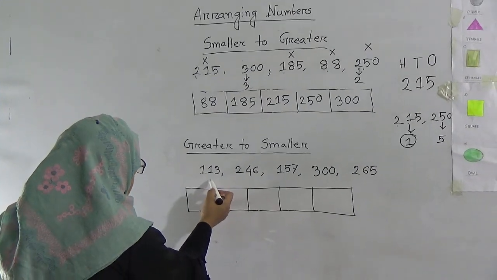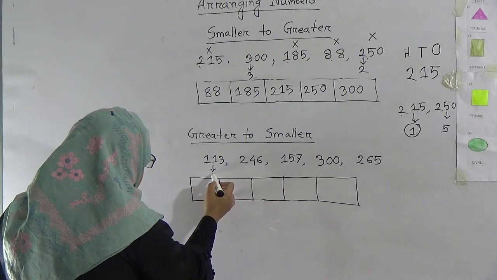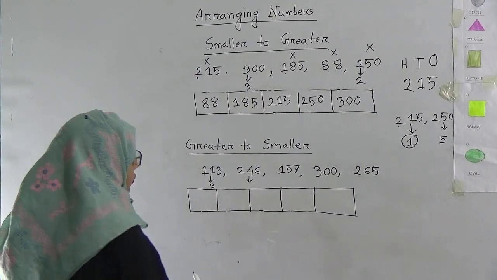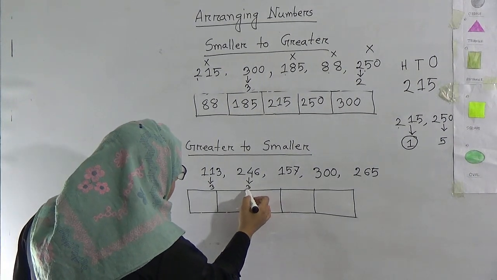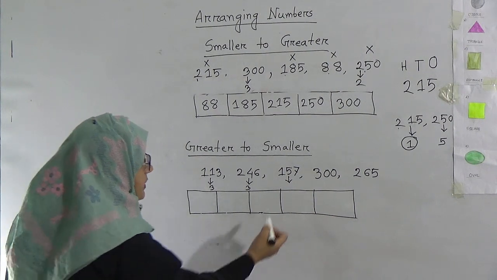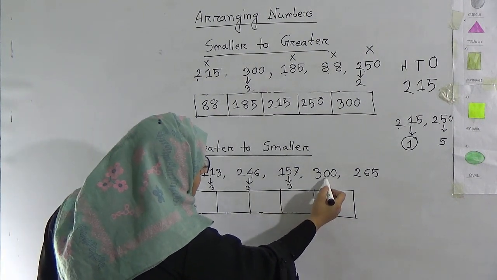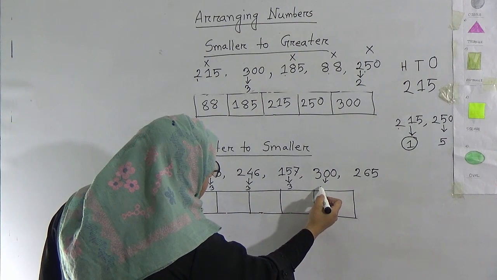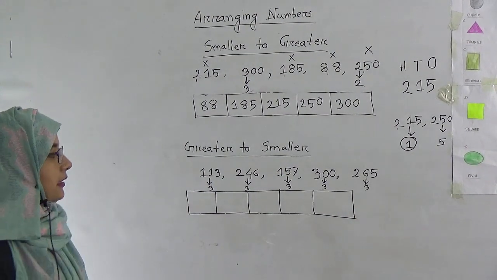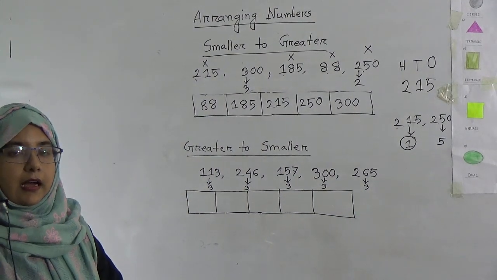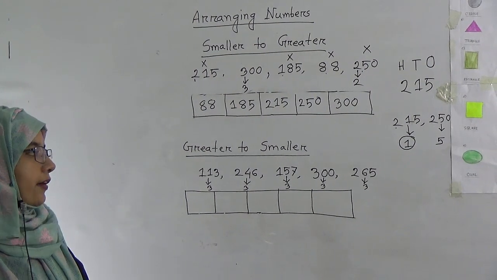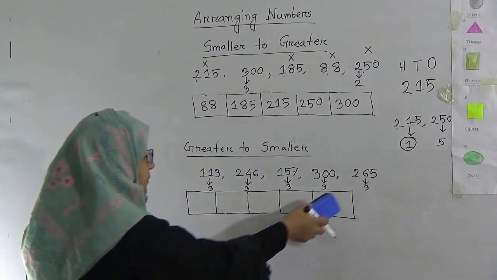The number of digits in 113 is 3, in 246 is 3, in 157 is 3, and in 300 is 3. The digits of all the numbers are the same, so we cannot decide which number is greater. So we have to apply the next technique.